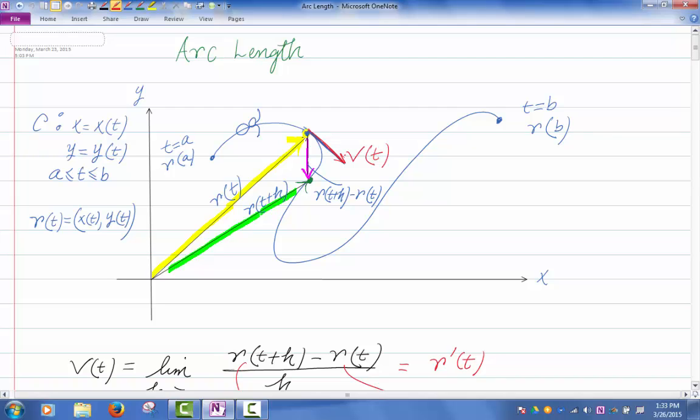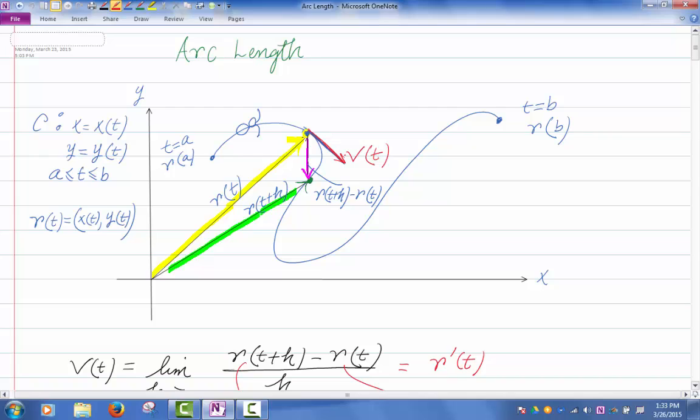Okay? So first of all, in order to come up with the length, I am first going to concentrate on the problem of finding the distance covered by the moving bug over that time interval.